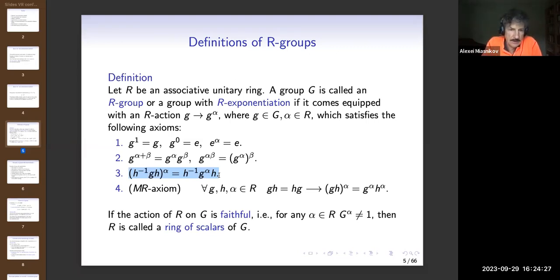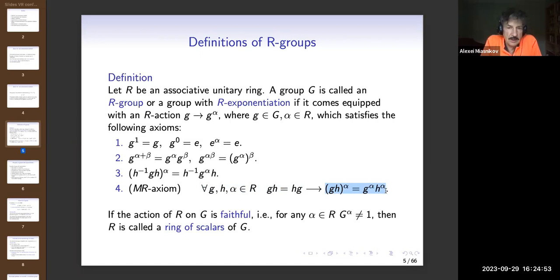When we started working on exponential groups with Remeslennikov, we realized that one more axiom is missing, this one. Now people refer to it as the MR axiom. But what does it say? It says that if two elements g and h commute, then exponentiation is like in a module action.